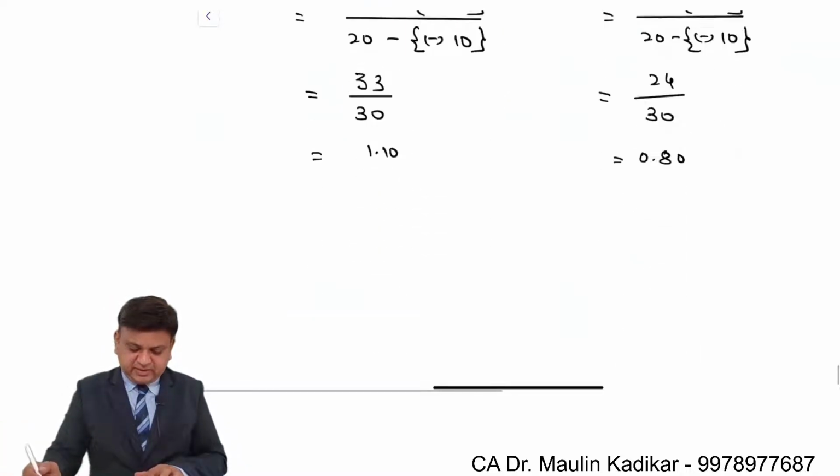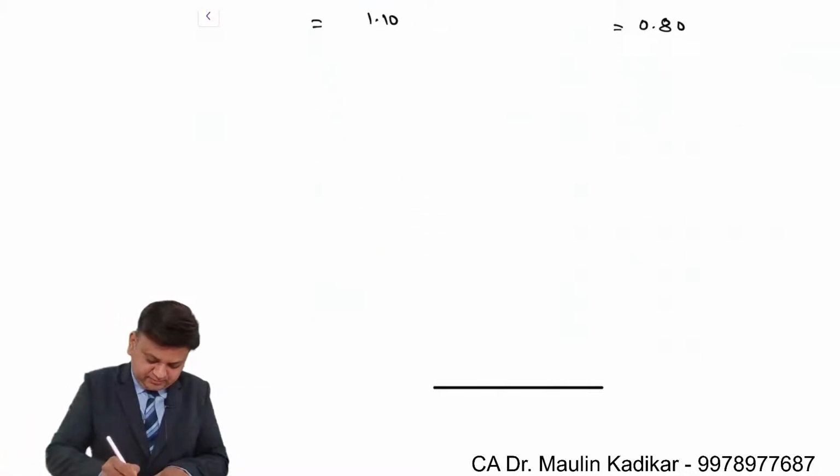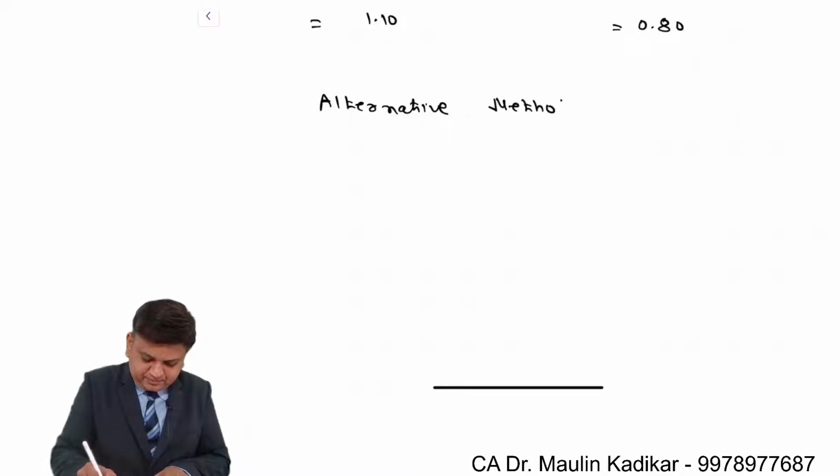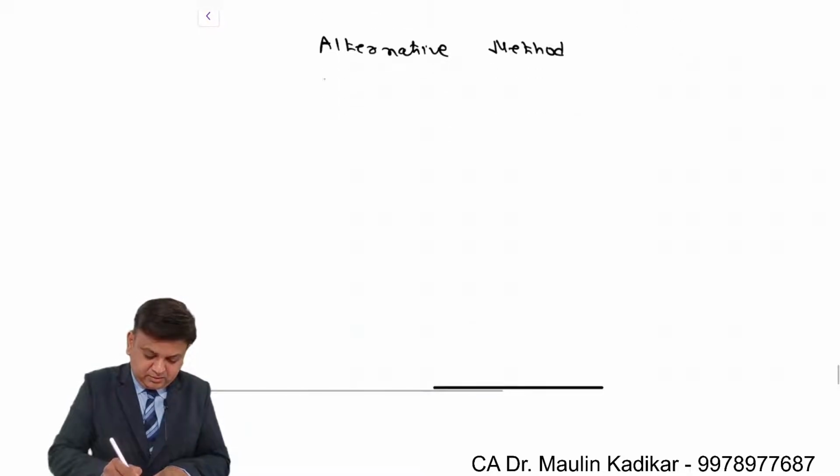And the alternative method by which you can answer is this. Alternative method: required rate of return is equal to RF plus beta into RM minus RF.